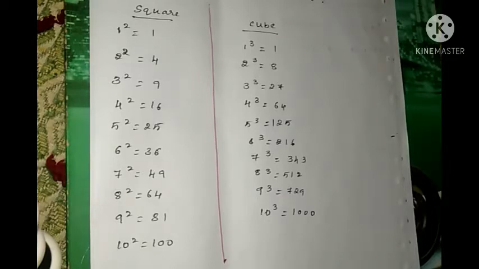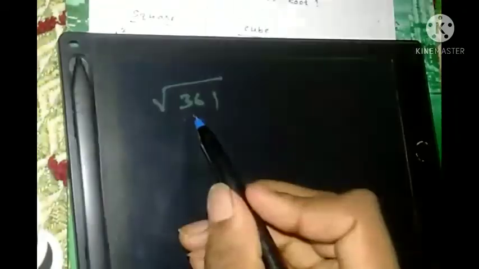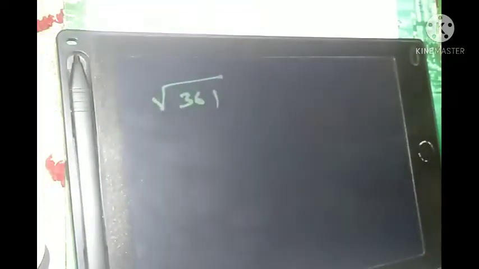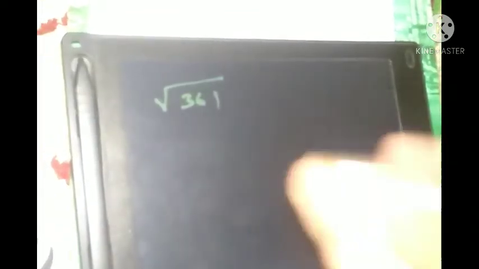Now we have to solve one problem. You understand how to find the square root of any number within 5 seconds. Now we take one problem. Suppose I take the root of 361. How to find the root of 361?